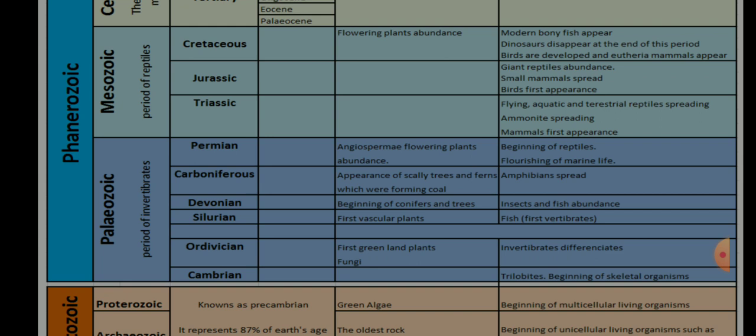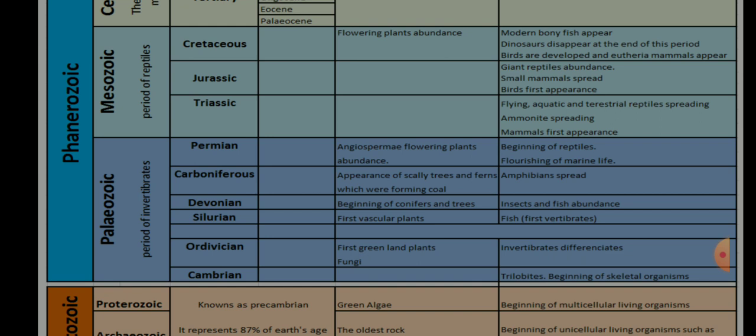Silurian: the first vascular plants, and also the beginning of fish, or first vertebrates.